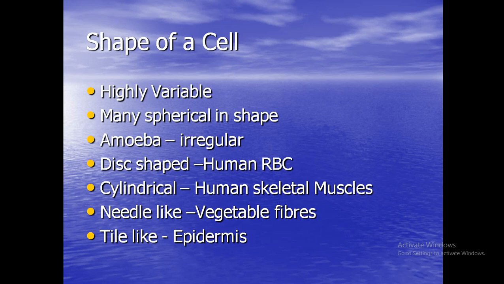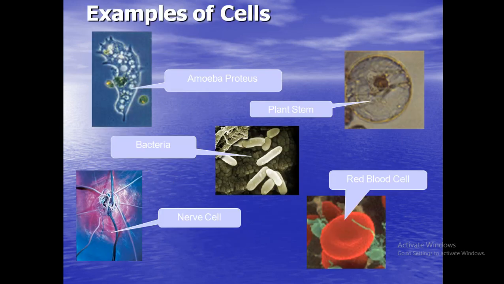The epidermal cells, especially the squamous epithelium, which is lining the outermost layer of the living being, epidermis, there it looks like as if the tiles are fitted. The shape is like that. See here again, different shapes, size.